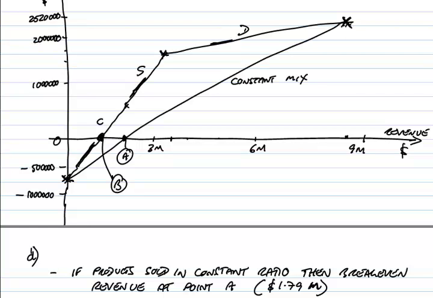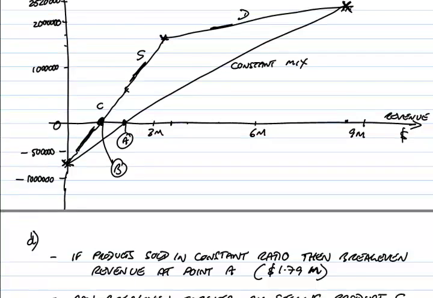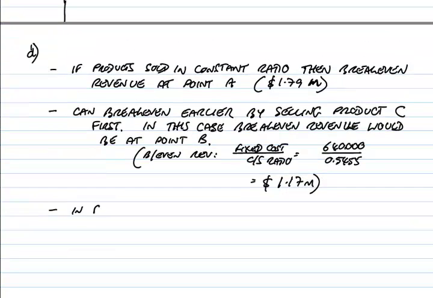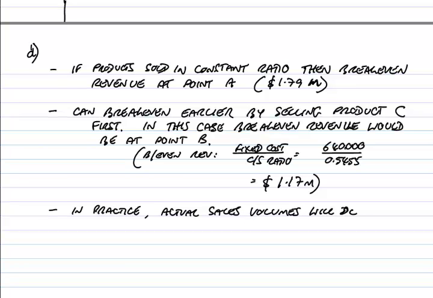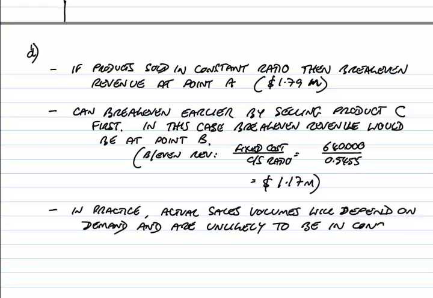We've only looked at 2 possibilities: that we sell in a constant ratio, or that we sell in that order C, S and D. And so you do need to make that point, that in practice the actual sales volumes will depend on demand, and are unlikely to be in a constant ratio or to be C first.